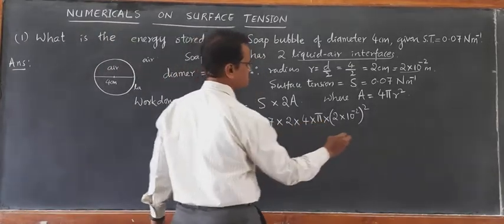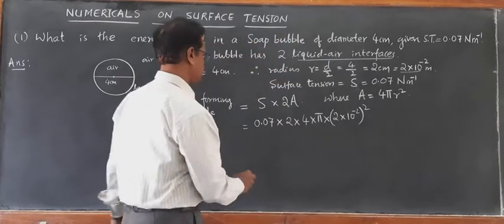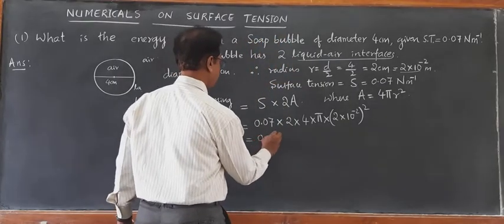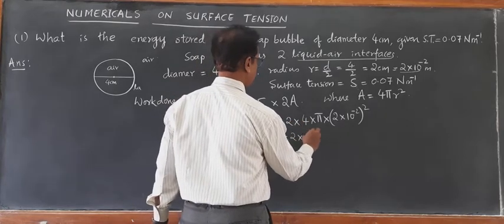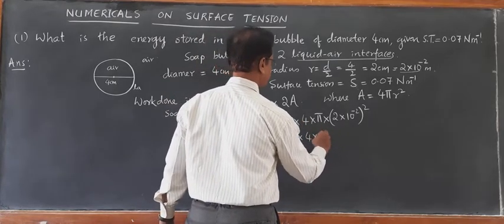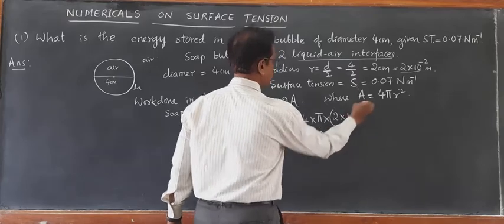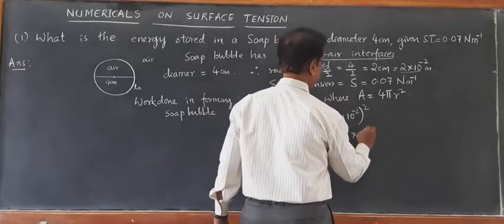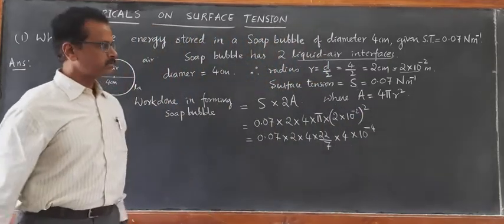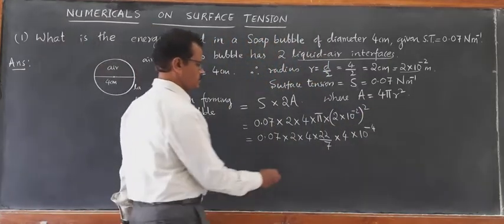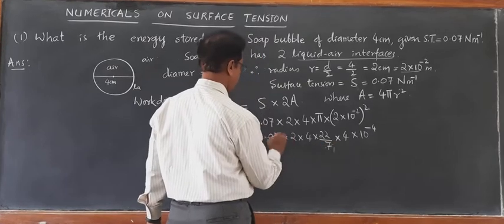Pi can be written as 22 by 7. So this becomes 0.07 into 2 into 4 into 22 by 7 into 4 into 10 to the power of minus 4. So 7 ones are 7, that is 0.01.